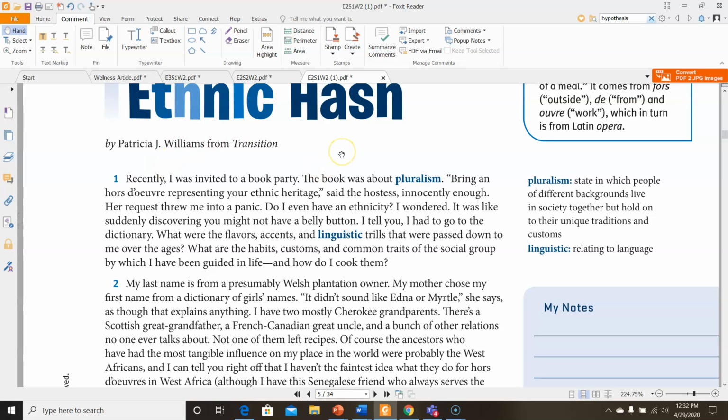So here, recently, we have the word pluralism, which you guys may not be familiar with, but it's defined here for you on the side. It's the state in which people of different backgrounds live in society together, but hold on to their unique traditions and customs. So she says ethnicity. You guys probably know what ethnicity is. And then flavors, accents, and linguistics, so related to language. And you may not know trills, so I'm going to circle that too.